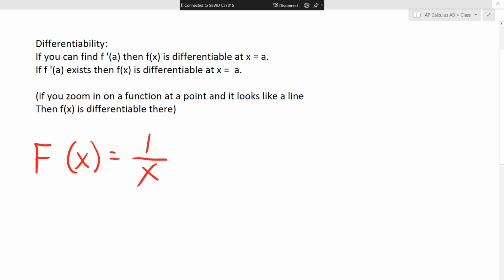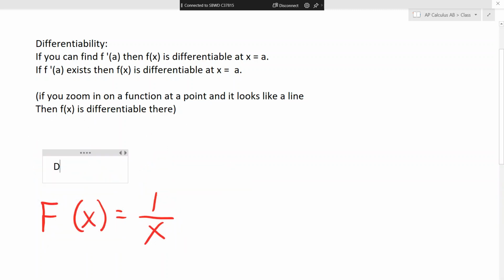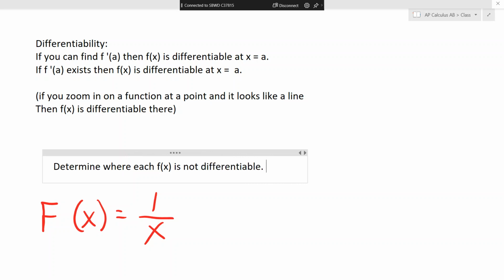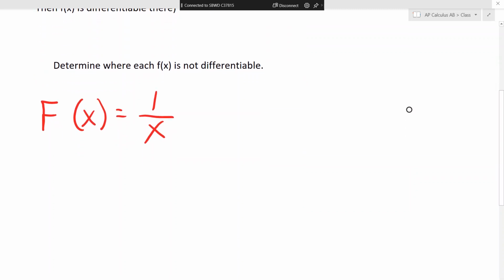Let me add in the directions: determine where each f of x is not differentiable. So if I gave you a function and asked where it is not differentiable, I'm asking where can we not find the derivative?